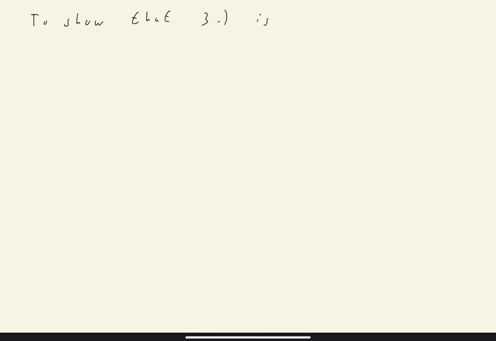To show that condition 3 is fulfilled, suppose there exists some allocation, which I will denote by xi tilde and zi tilde.